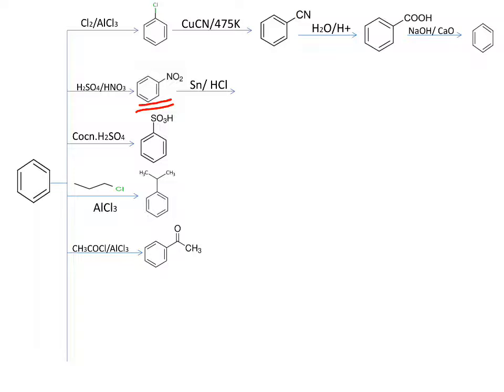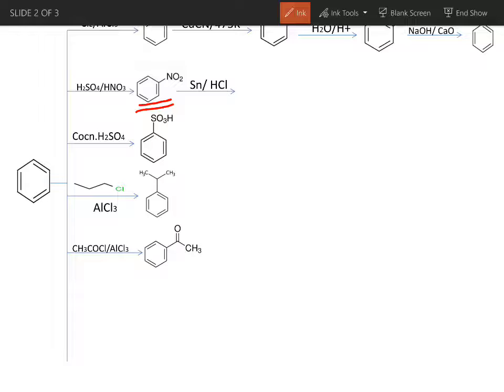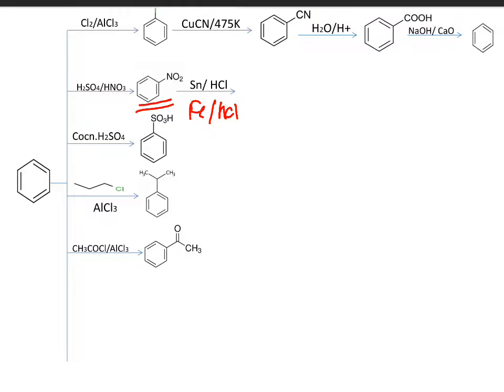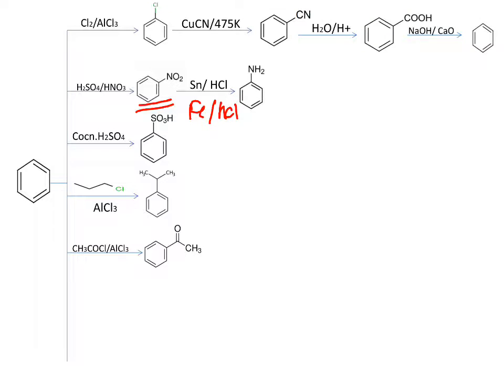It is used for converting nitroalkane or nitroarene into primary amines. You can even use Fe/HCl here. By using Sn/HCl or Fe/HCl, nitro NO2 will get converted into NH2. So the product formed here will be aniline.